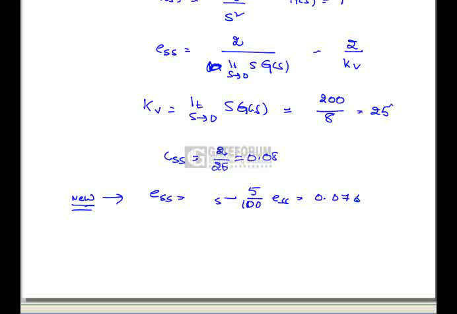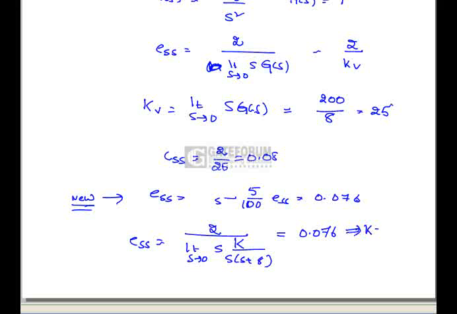So now the new steady state error is given as 2 by limit s tends to 0 of s times k by s(s+8), equals 0.076. If we solve this equation, we get k as 210.52, which is option B.